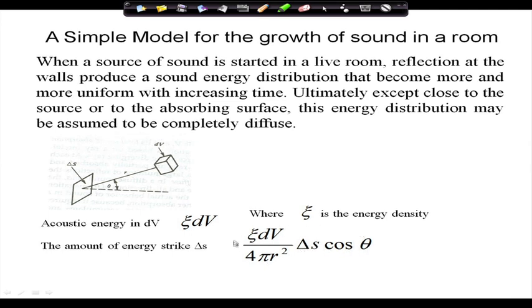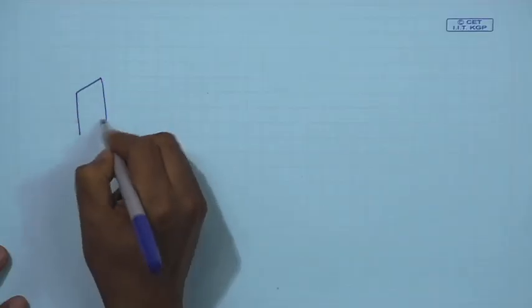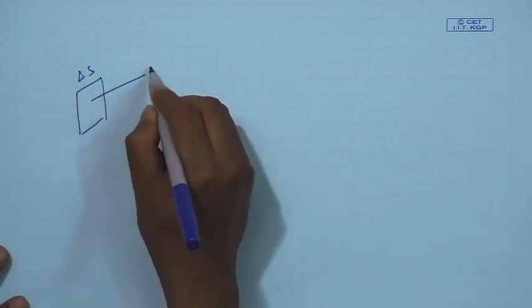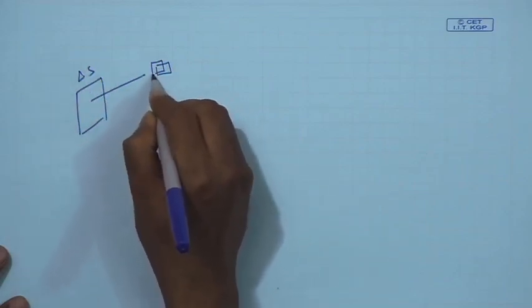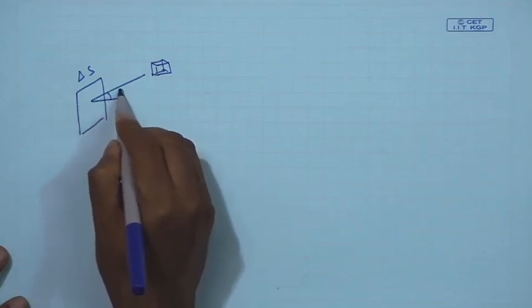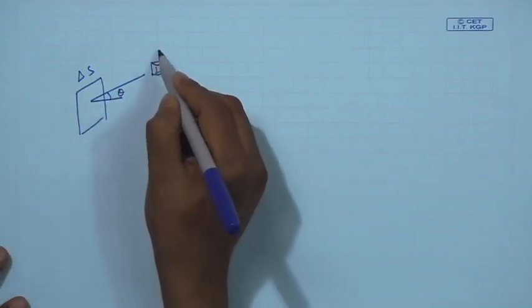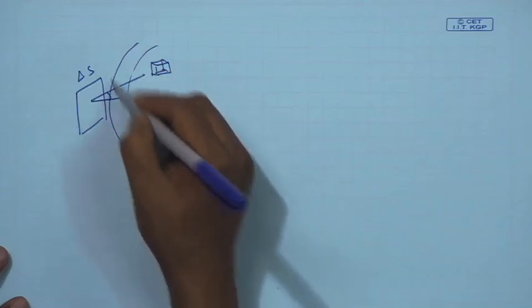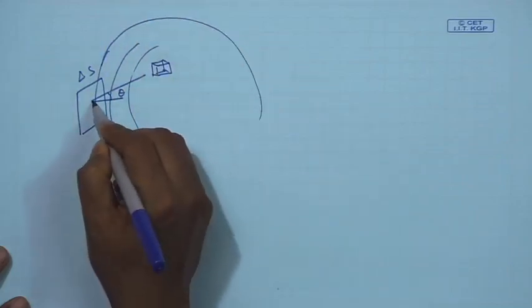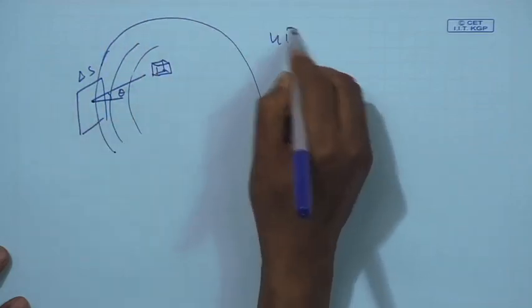Have you understood this? I have a small surface del S, and a volume of energy, you can say a packet of energy, strikes the surface with the angle theta. Since the acoustic energy is flowing spherically in nature, the total area over which it spreads when it strikes the wall is 4 pi r square.